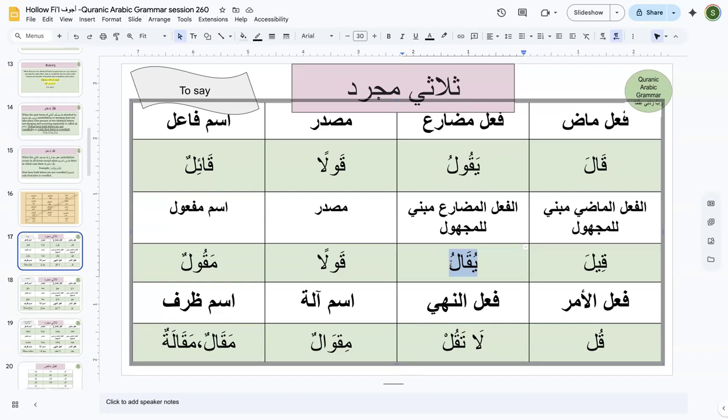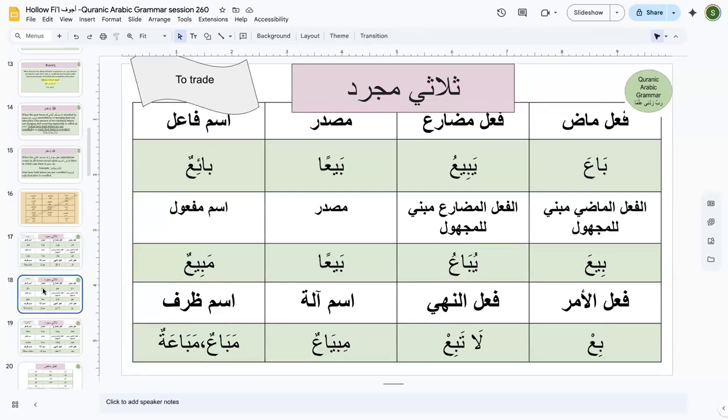So this is the basic theme here. Now we are going to look at the rules that we have already covered. Okay, so ba'a, which rule are you going to apply here? Rule number 1. Ba'a yabi'u. Ba ya ain are the root letters.